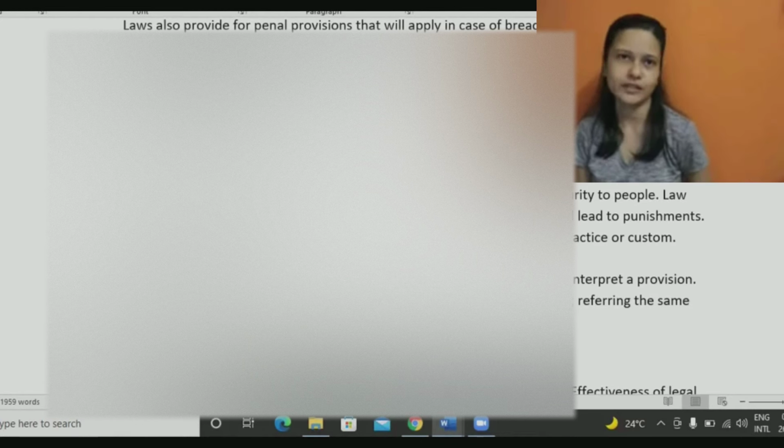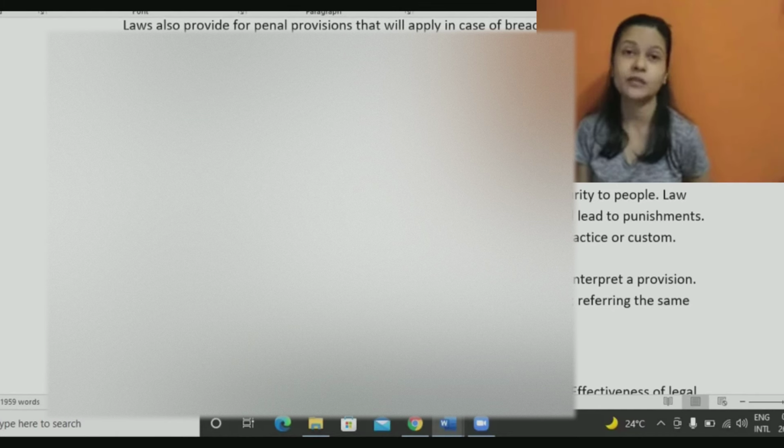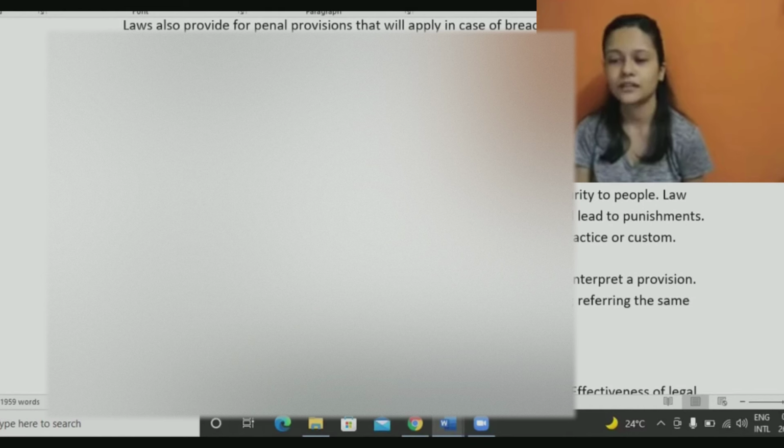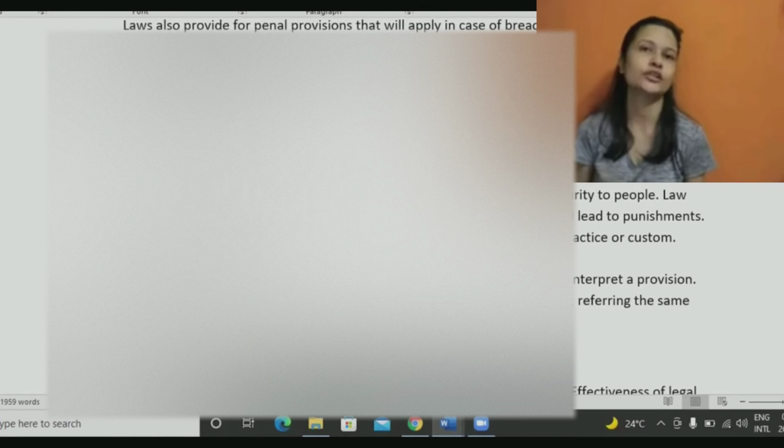It was not necessary to wear a mask, but it became necessary during COVID. So to bring orderly change in society, whatever is needed now, a law will be introduced to ensure it is followed by people. So law will always try to bring the changes which we want.